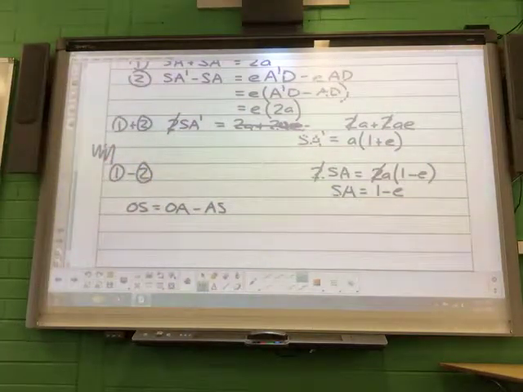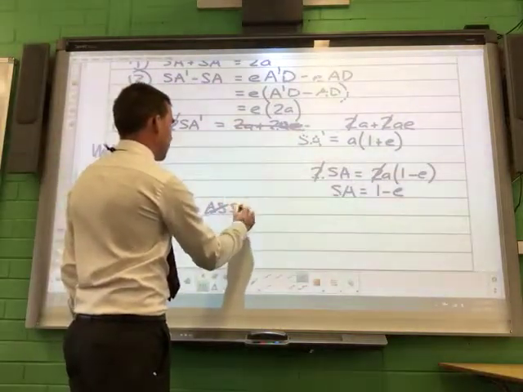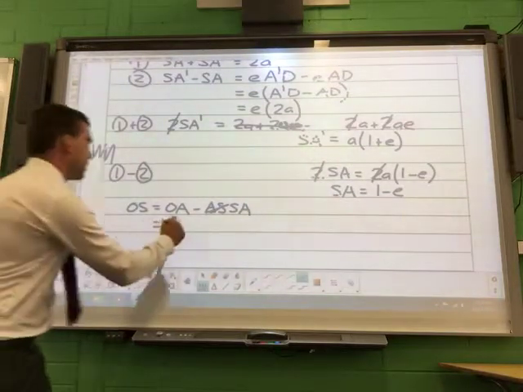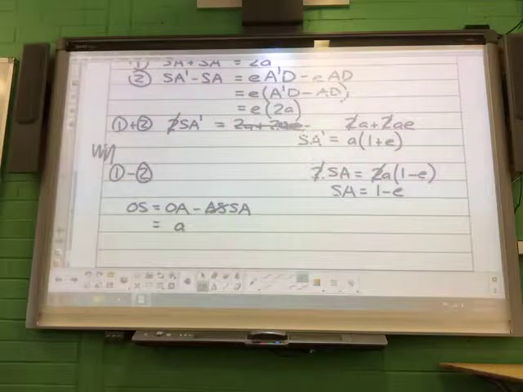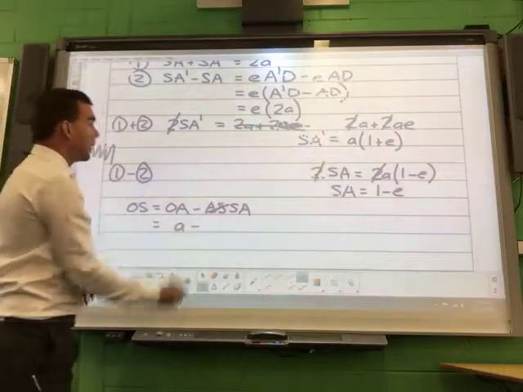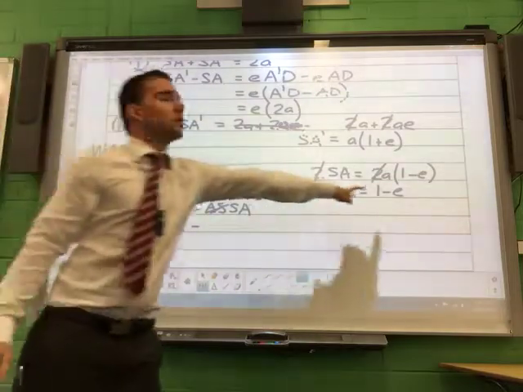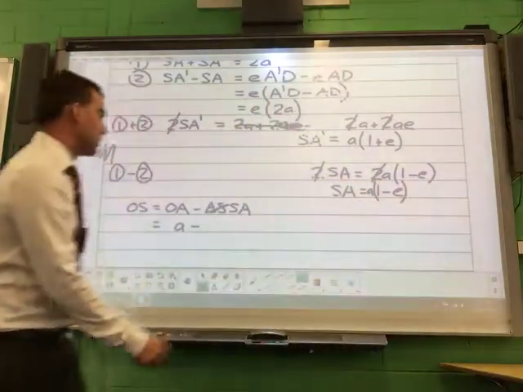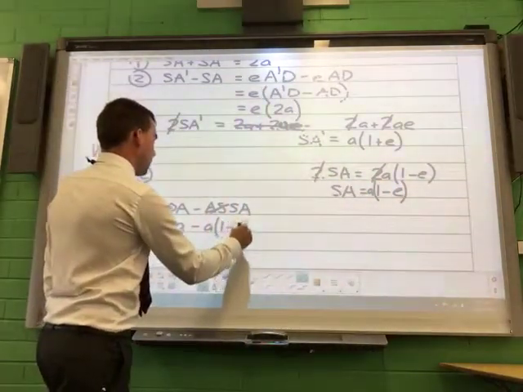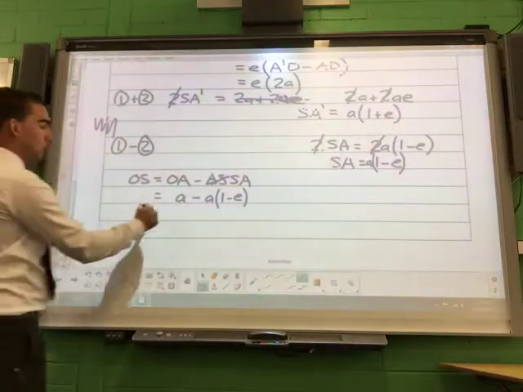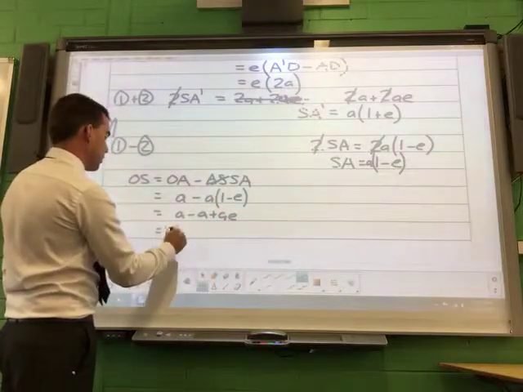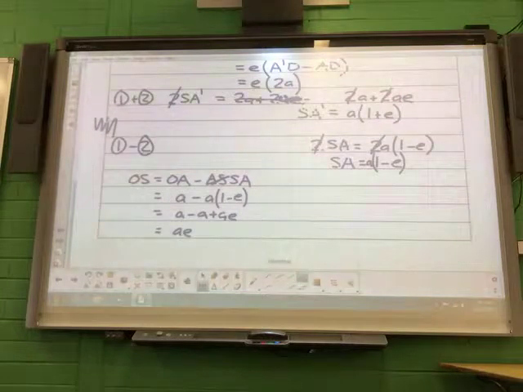Okay, so the distance OA we've labelled as A, the coordinate for the capital A, take away SA. So there should be an A out the front. Right, tidy it up. Okay, so we get AE. And that's the value you're going to get for the focus.